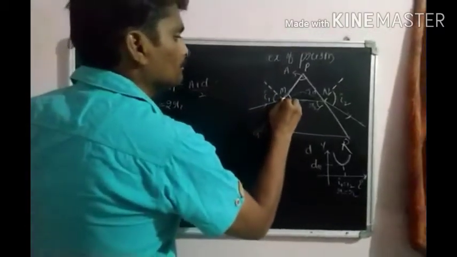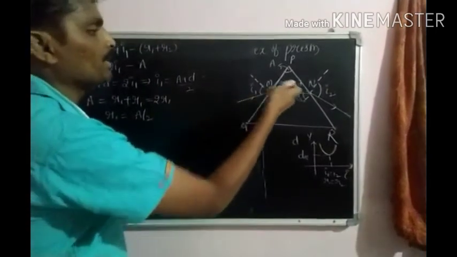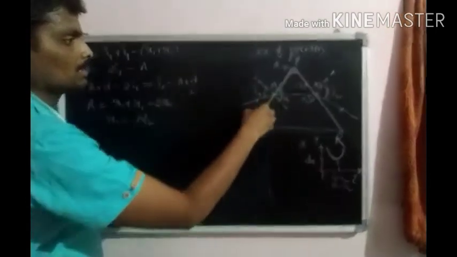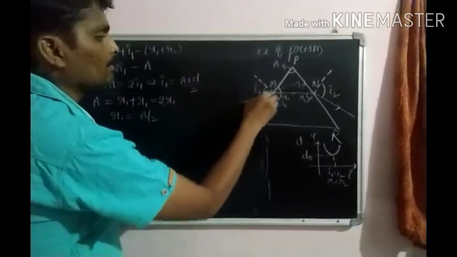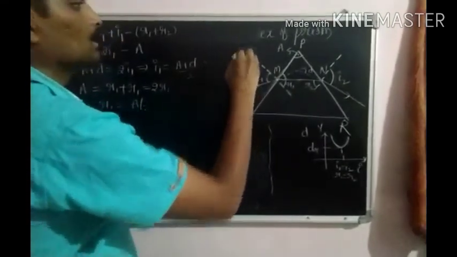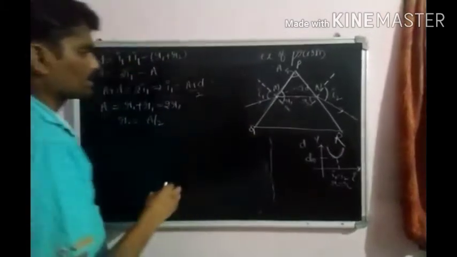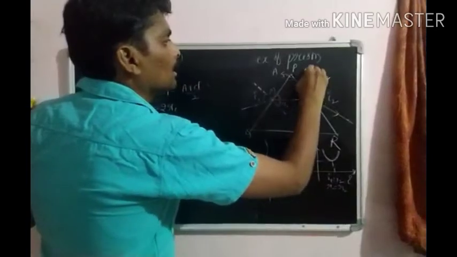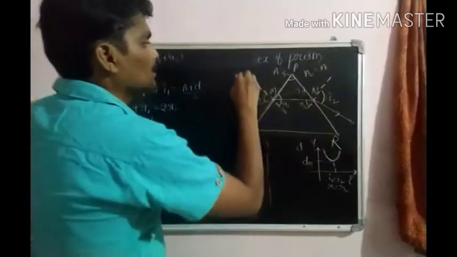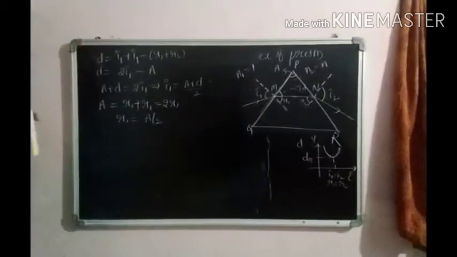Now at point M, I am applying Snell's law, because the light is traveling from one medium to another medium. This is the boundary separating two media. Here the light travels from air to the prism. Let the refractive index of the prism be N2 equal to N. The refractive index of air is 1.